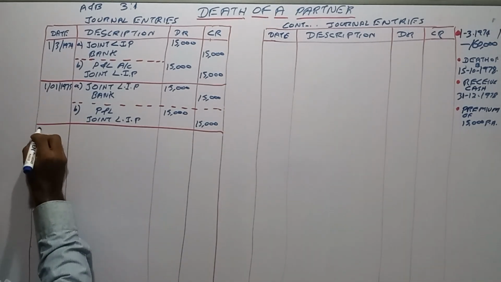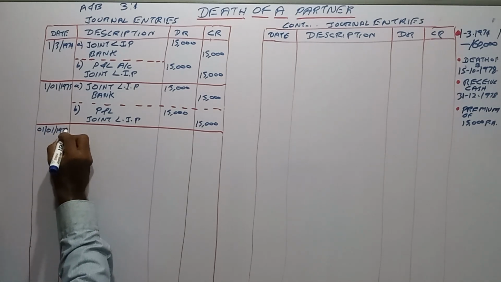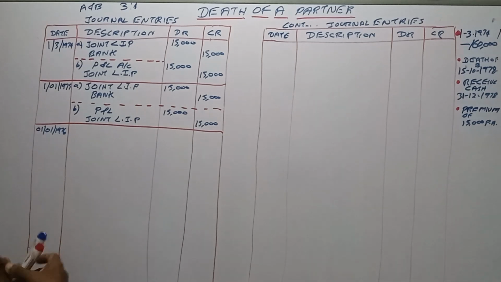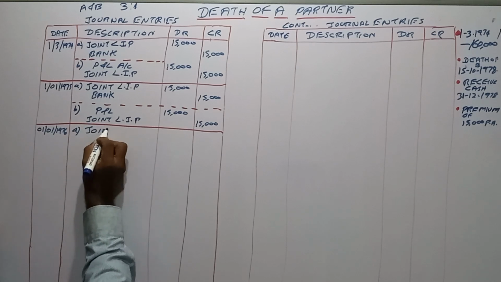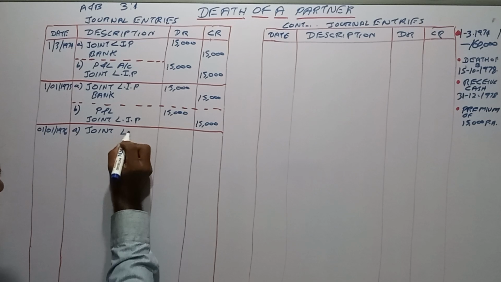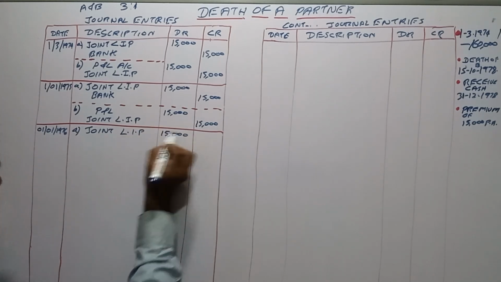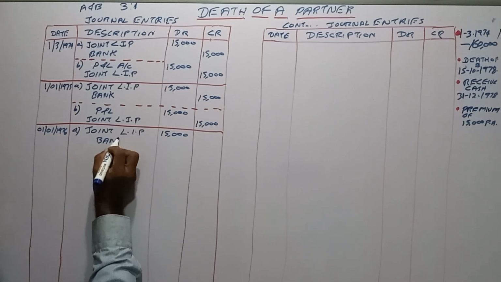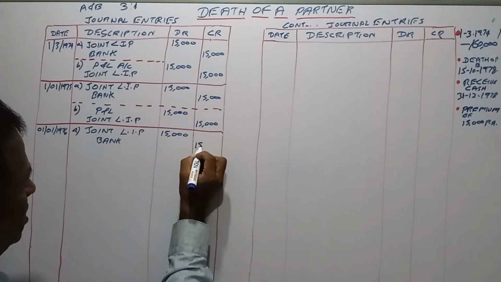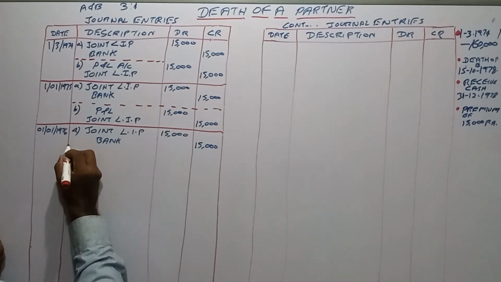On 1st of January 1976 we have to pay the same thing, right? Joint life insurance policy 15,000, and bank account credit 15,000, being payment made for the joint life insurance policy.